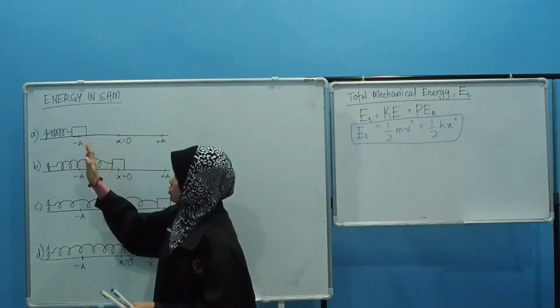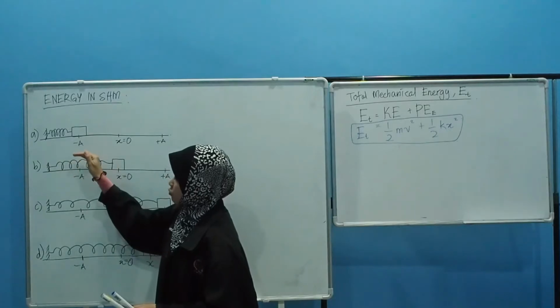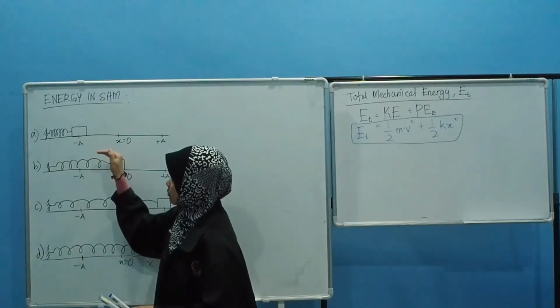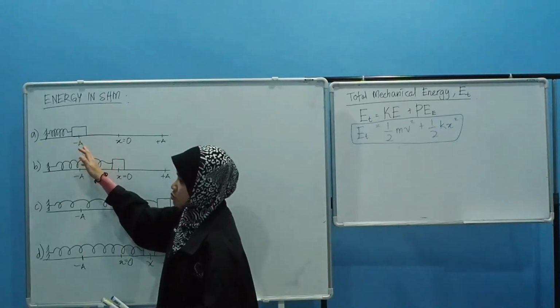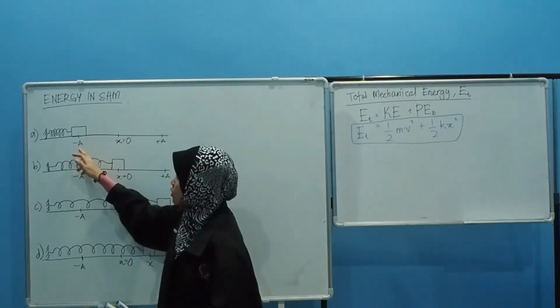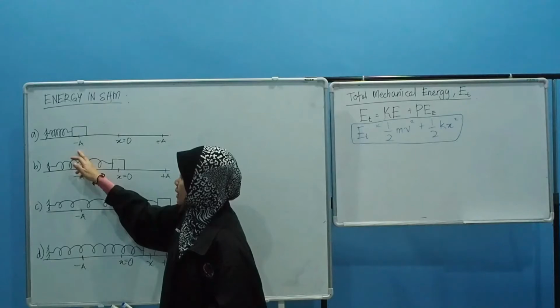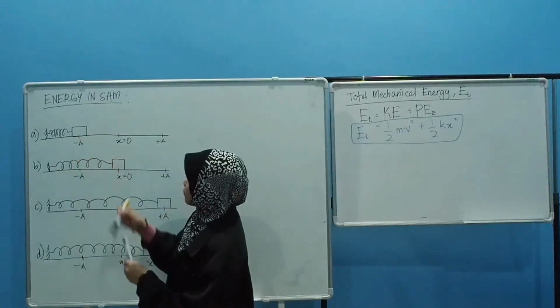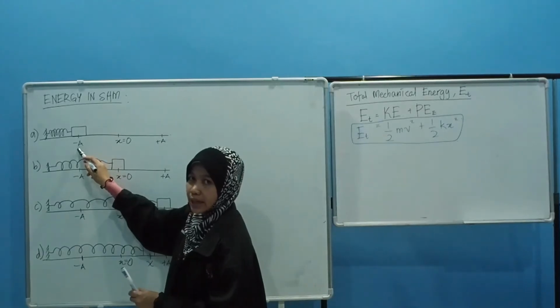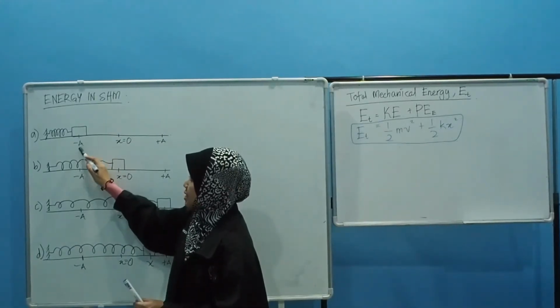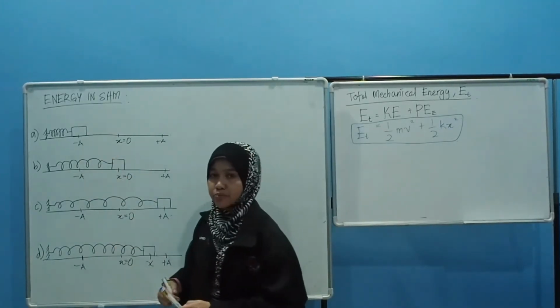So this is the direction when it moves back, and this is forth. Here it will be displaced at the maximum point. The length from x equal to 0 to x equal to minus A is the amplitude. So this is the extreme point.